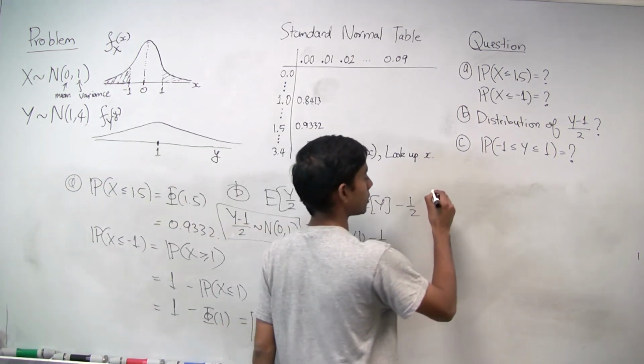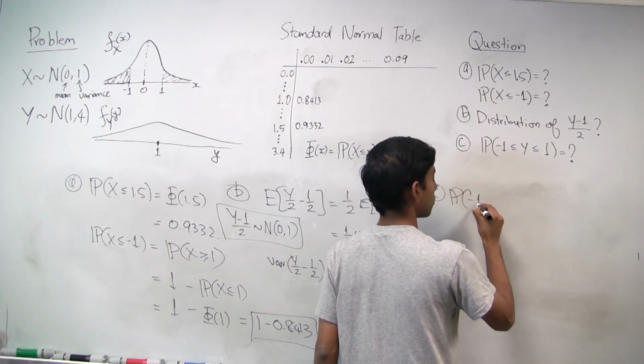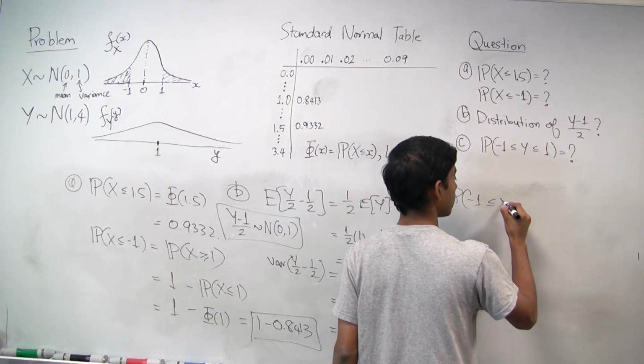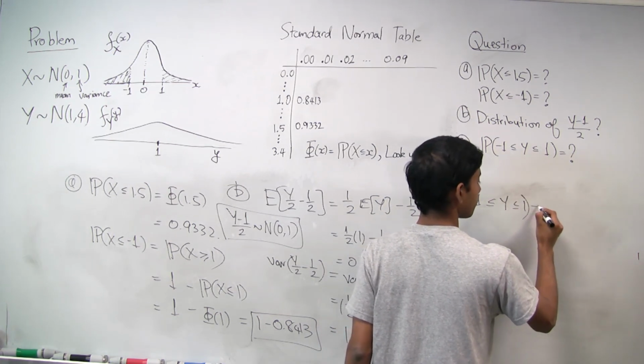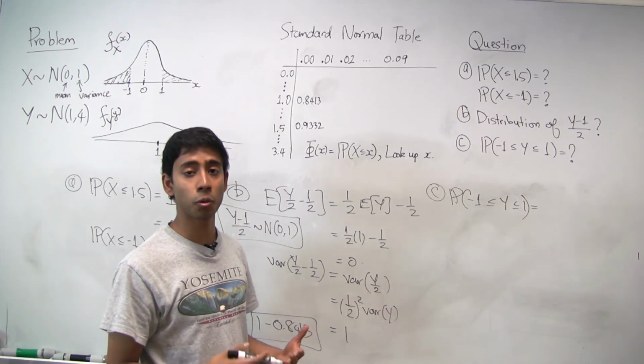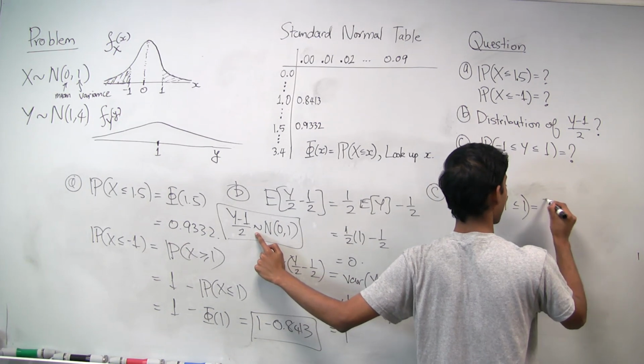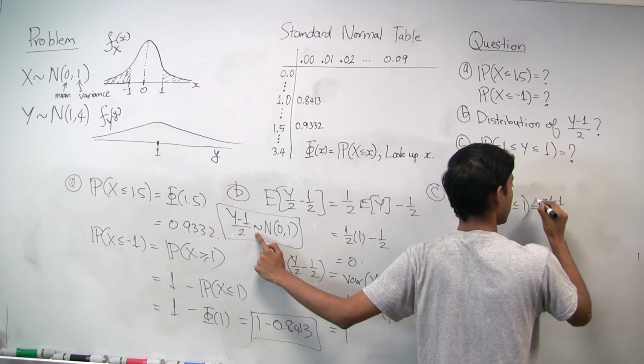All right, so for part C, we want the probability that y is between -1 and 1. So let's try to massage it so that we can use the standard normal table. And we already know that this is standard normal, so let's subtract both sides by -1.